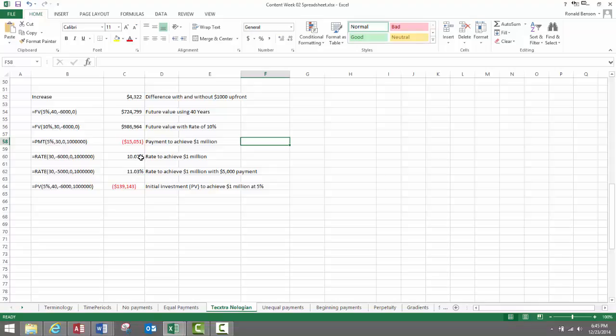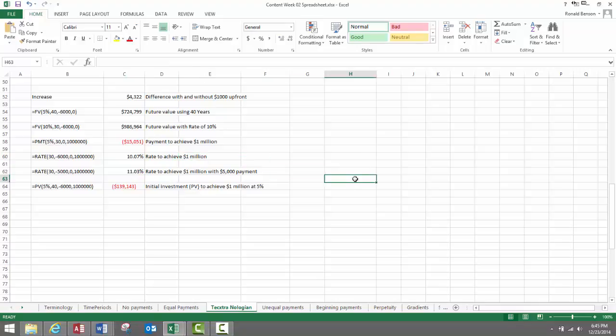What about a rate to achieve $1 million exactly? $6,000 is the payment for 30 years, no upfront, no present value, no down payment. To get $1 million, she'd have to earn 10.07% interest. Instead of the 10% we had here, just a little bit higher, 10.07, she'd have her $1 million.